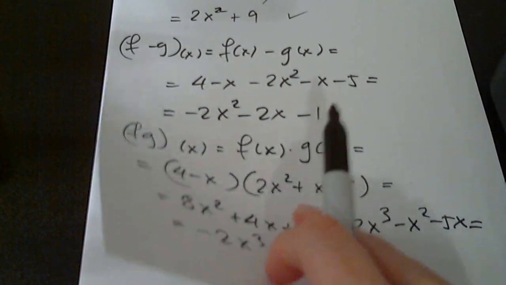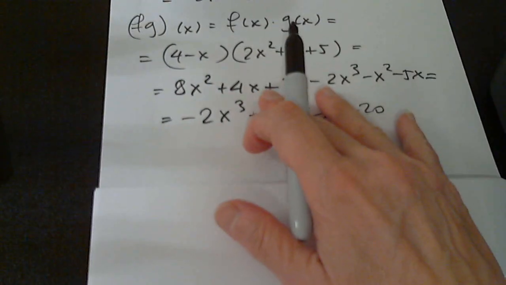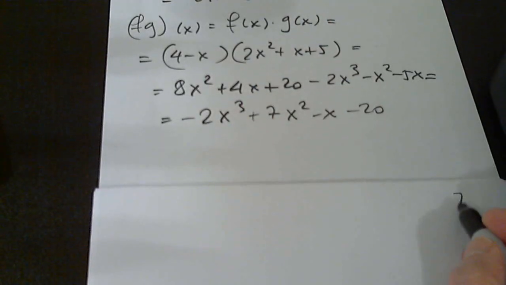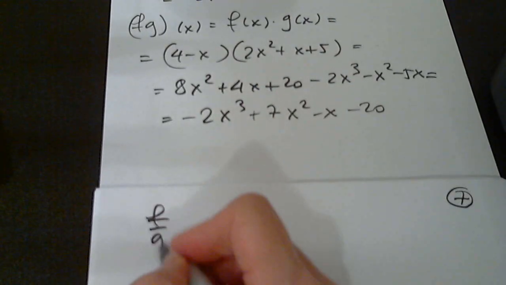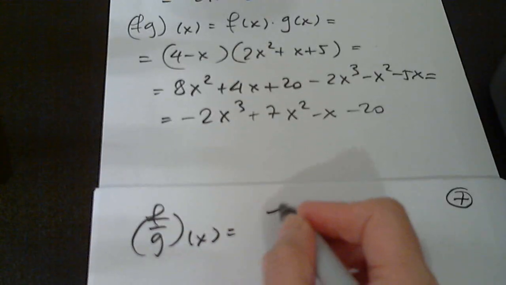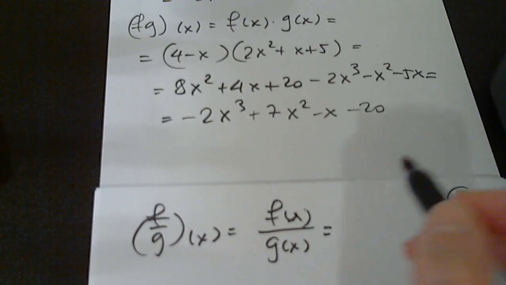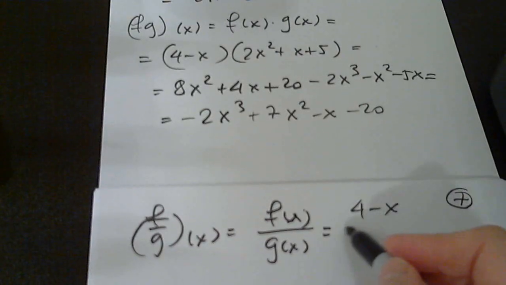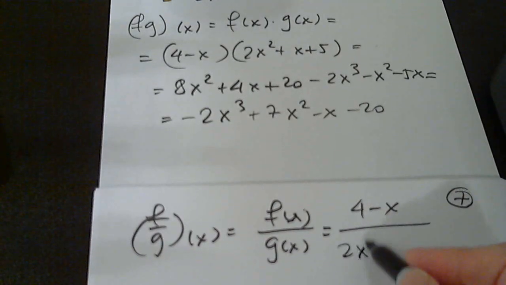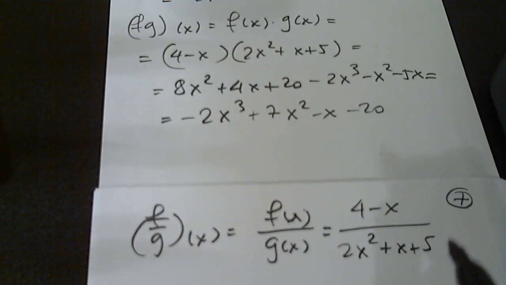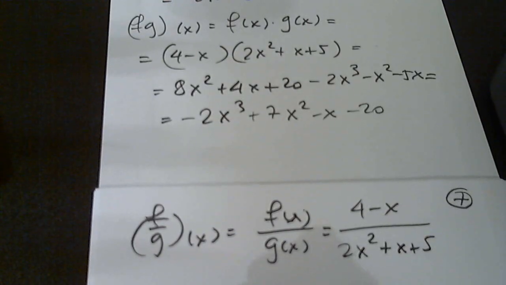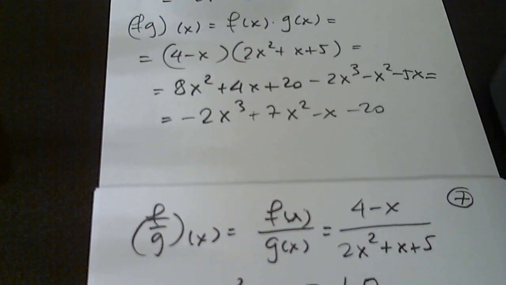Now let's look at the ratio. Last one here. So f over g of x equals, by definition, f of x over g of x, and f is 4 minus x, and g is 2x squared plus x plus 5. 2x squared plus x plus 5 cannot be 0.